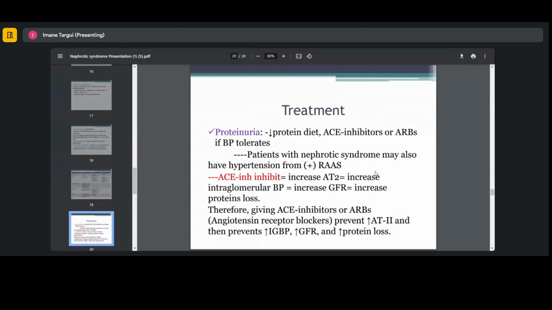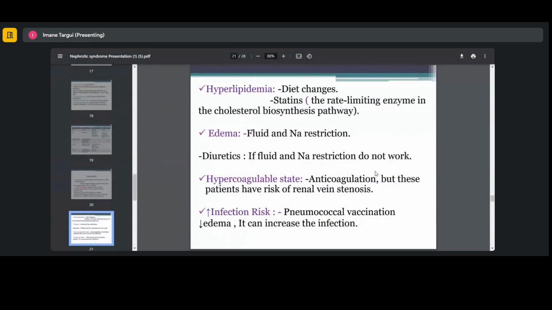Therefore, giving ACE inhibitors or angiotensin receptor blockers prevents high angiotensin 2 and then prevents increases in GFR and protein loss.